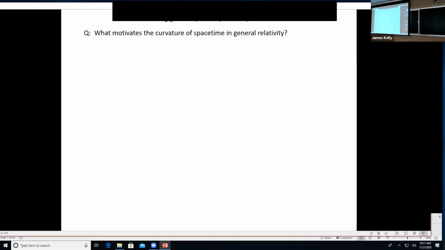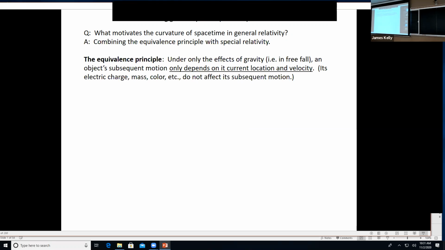Okay, what motivates the curvature of space-time in general relativity? Well, it's something called the equivalence principle. And the equivalence principle, when combined with special relativity, says, under only the effects of gravity, in other words, if I am holding an object here, here's a piece of chalk, it's not only under the effects of gravity.